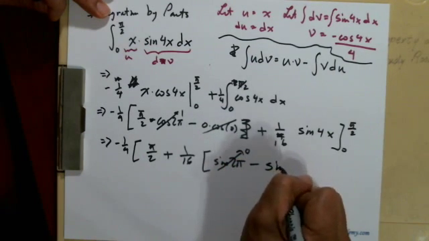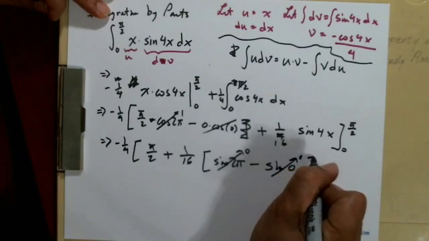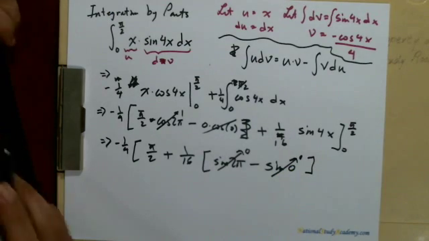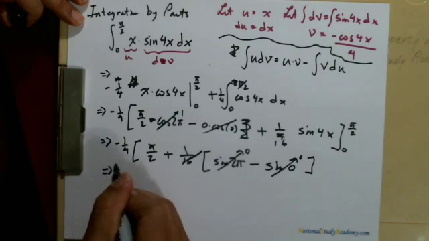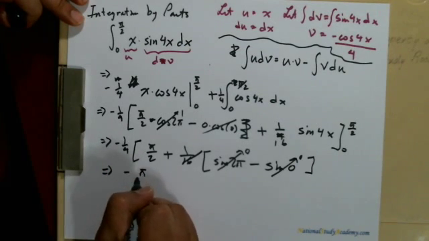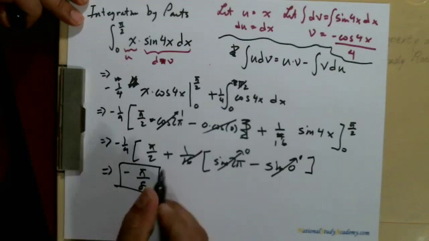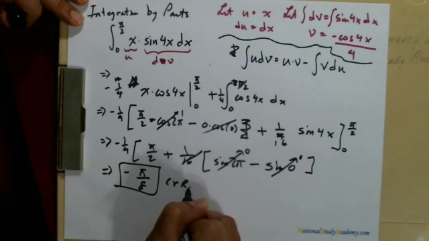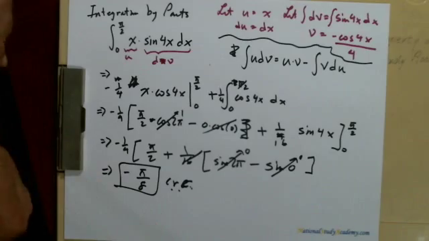Minus sine of 0. That's also 0. All that for nothing. And so don't worry about that. And it should end with 1/4 times pi over 2, which is negative pi over 8. That's our CRF, calculator ready form.